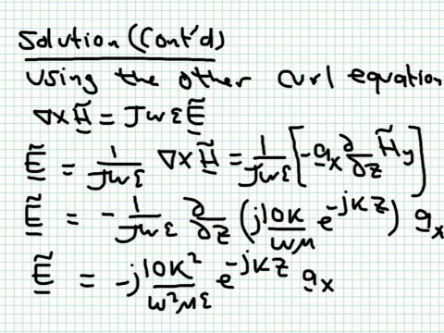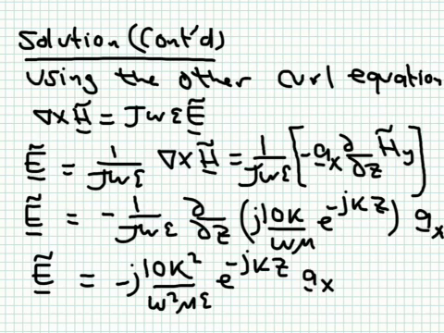H has only a y component, and it's only a function of z. So when you take its curl, you get only the derivative of the y component with respect to z in the minus x direction. So you differentiate this term here. After you substitute for Hy and you differentiate it, you get another minus jk from the numerator.